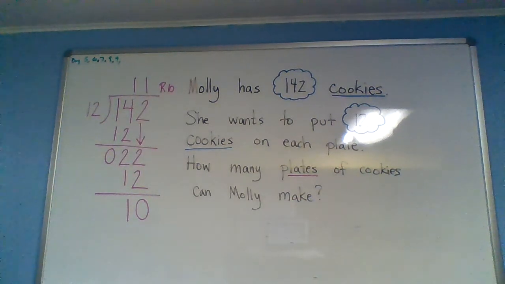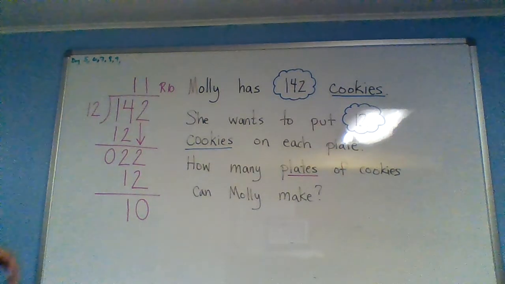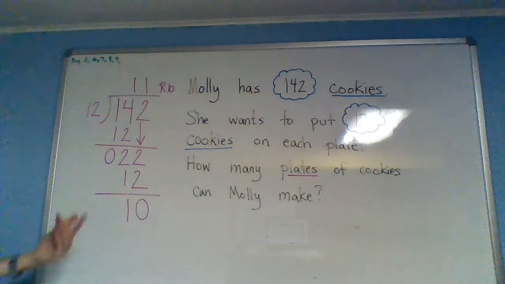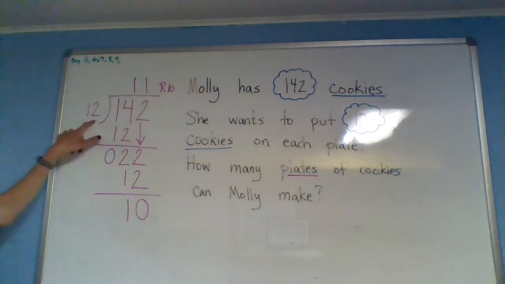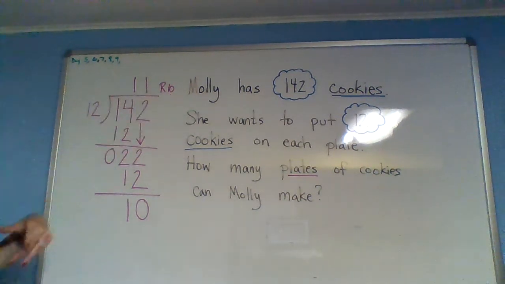But I have to figure out what that answer means and how I can answer the question. 11 what with 10 what? Well, how many plates of cookies can Molly make? She can make 11 full sets of 12, and the remainder is telling us that she will have 10 cookies left over.